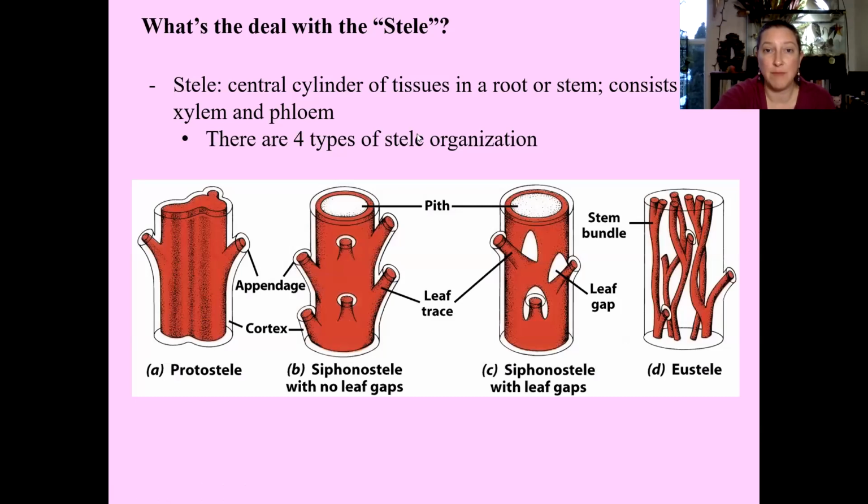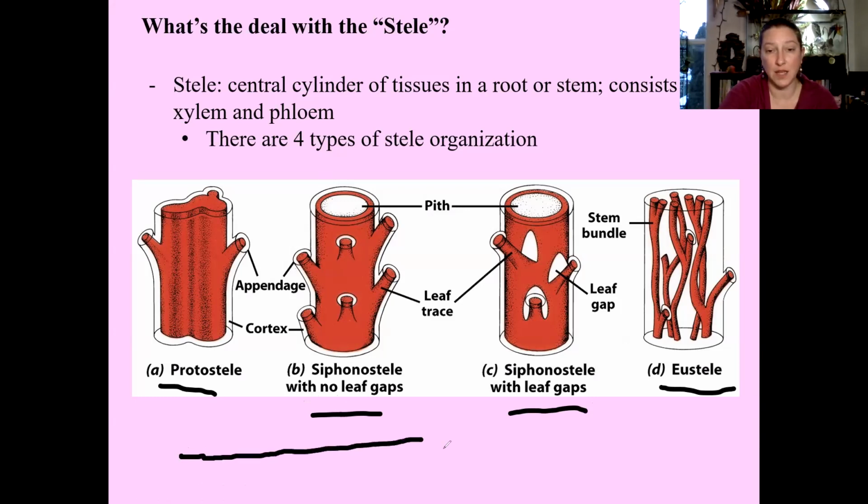And we'll see these many, many times, so don't be so scared today. There's the protostele, siphonostele with no leaf gaps. So you say siphonostele. Then siphonostele with leaf gaps. And finally, eustele, right? If you're looking in terms of evolutionary time, protostele is the most basic.